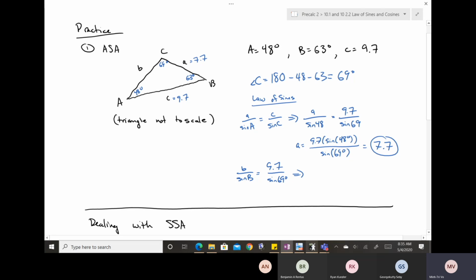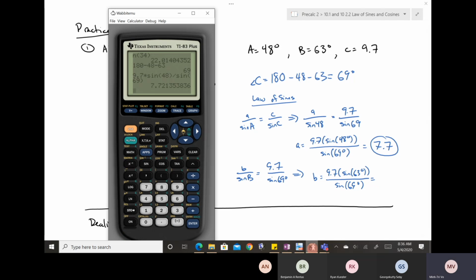The calculation is basically similar. I need to multiply sine B over, which is 63 degrees. So B is equal to 9.7 times sine 63 degrees over sine 69 degrees. So what do we get for B?